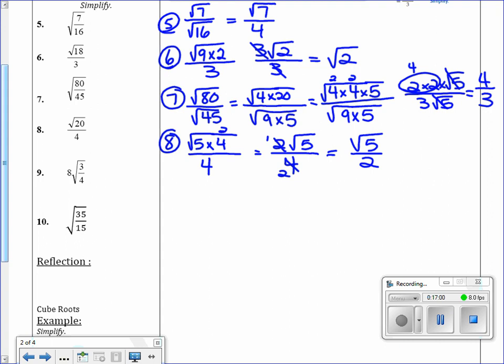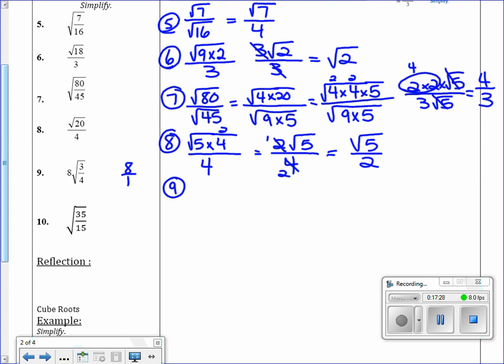For number 9, it looks a little tricky, but I swear it's not. It's pretty much what we've been doing. I have 8 times the square root of 3/4. So remember, when we're multiplying fractions, we can represent 8 as 8 over 1, correct? And then we can go ahead and multiply.